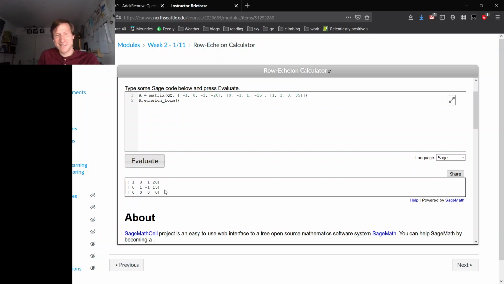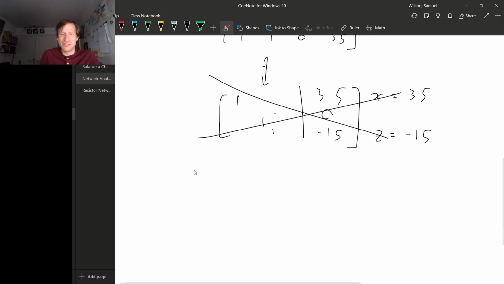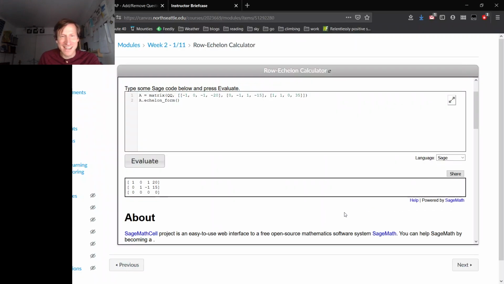This resulting form has a free variable. So this is going to be a totally different thing. So let's see, 1, 1, 1 minus 1. These are all zeros. Okay, this is more like what I was expecting. 20 and 15.